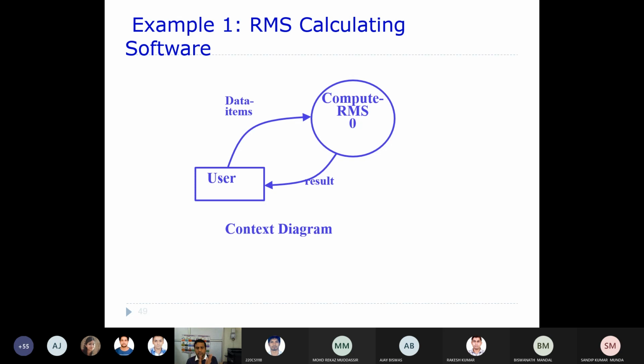At this context diagram level, as I told you, you will see only one bubble, and this function is the whole function, the main function of the system at a high level. You will see external entities and the data items given as input to the system. Those things are represented.